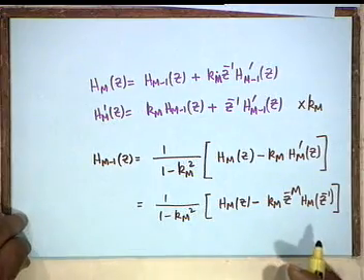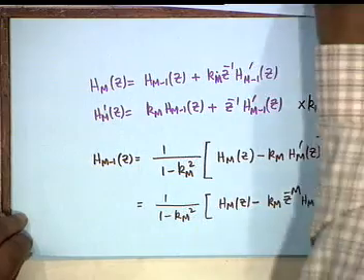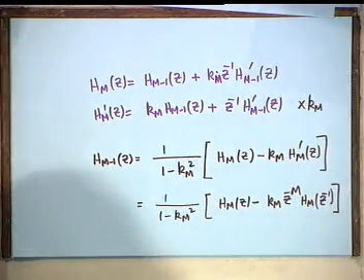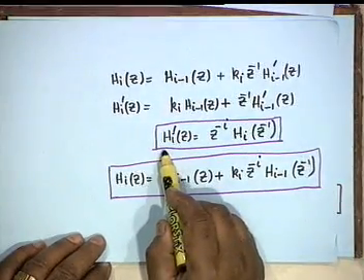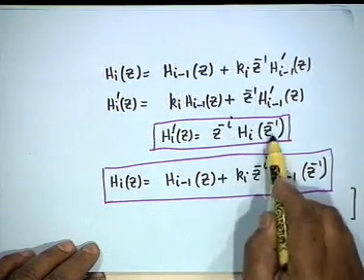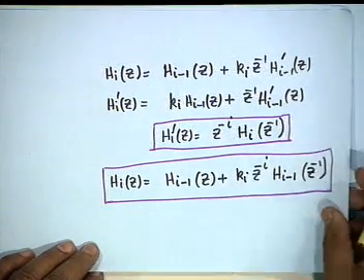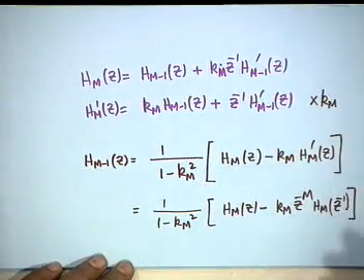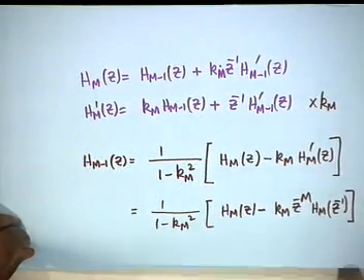Why would it be z to the power minus m? Because we showed this relation that I use now: H'_i(z) is z^{-i} H_i(z^{-1}). So far so good.